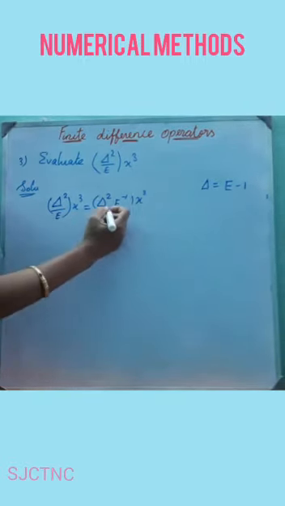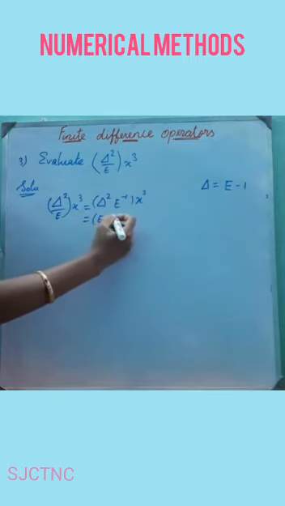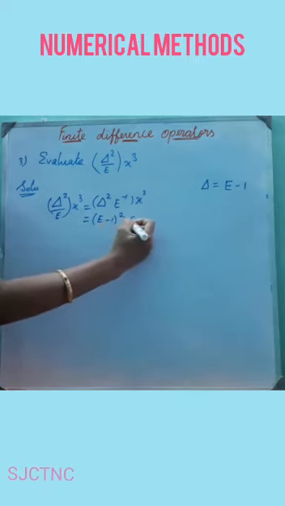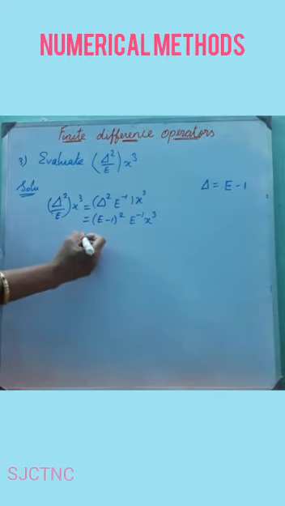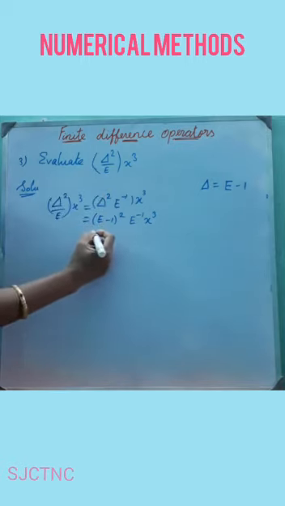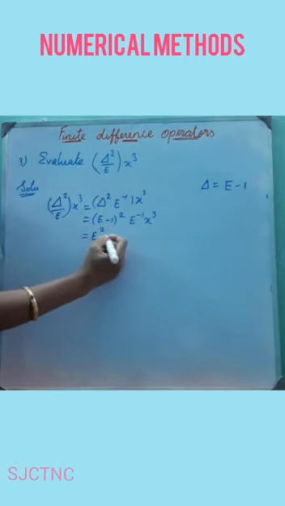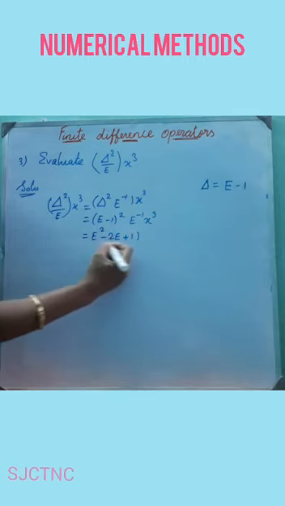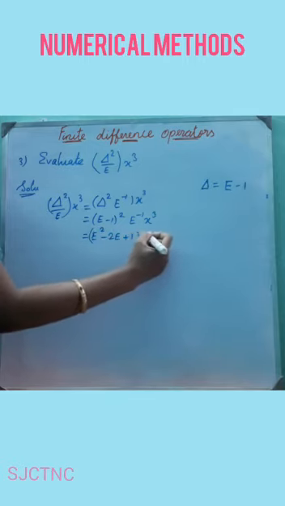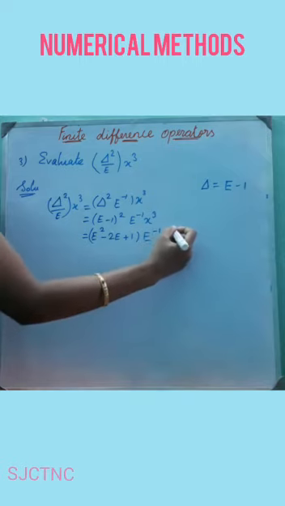Apply the value of the forward differencing operator: e minus 1 the whole squared into e inverse x power 3. Now see e minus 1 the whole squared. Applying the formula of a minus b the whole squared, we have e squared minus 2e plus 1 into e inverse x power 3.